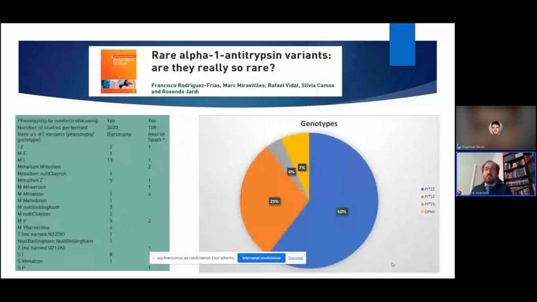alpha-1 antitrypsin levels. It is very important to remark that variants other than Z and S exist, and they may have a relevant role in clinical practice. Taken together, the rare variants account for about 7% of all pathological phenotypes, meaning that this should be taken into account when searching for mutations in selected, high-risk patients.